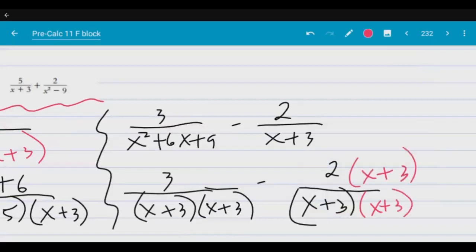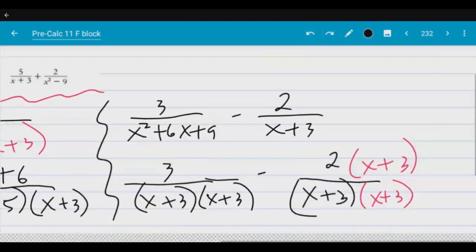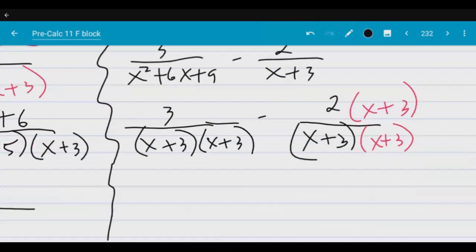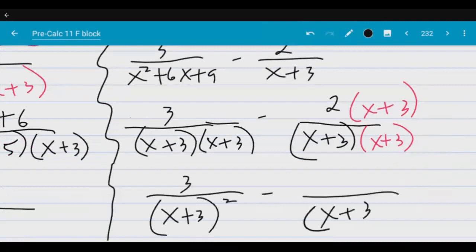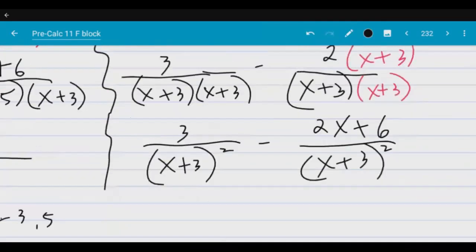So these two actually cancels out if you like, so it doesn't really change it. All right, so 3 over x plus 3 squared minus x plus 3 squared in the bottom minus 2x plus 6, and we can now simplify them and make sure that this negative is applied to these two.